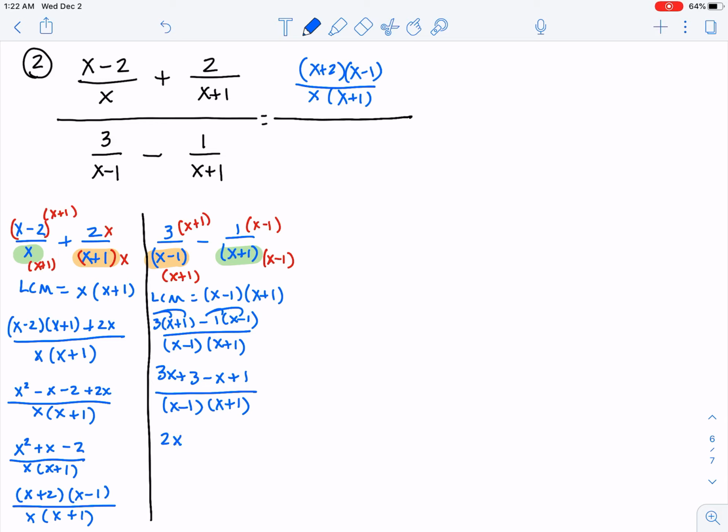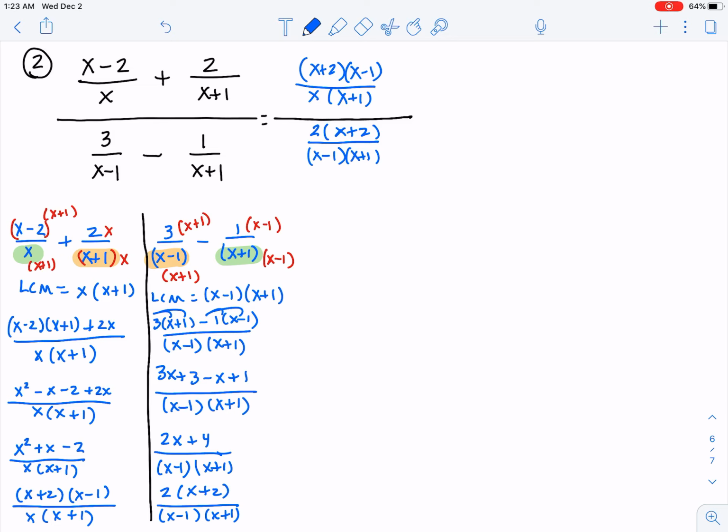I got 2x plus 4 over x minus 1, x plus 1. Factoring out a 2, I'm going to have 2 times the quantity x plus 2 over x minus 1, x plus 1. I'm going to move that to the top here. I've got 2 times x plus 2 over x minus 1, x plus 1.